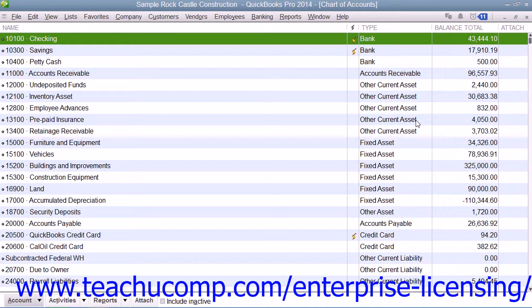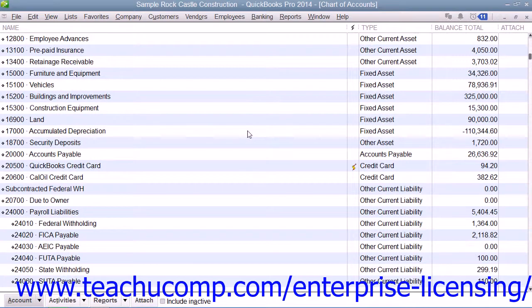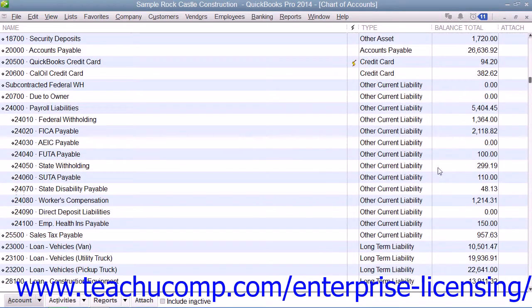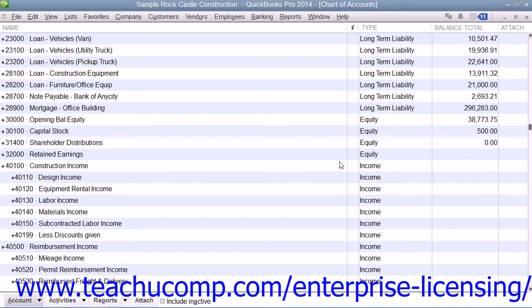Next, let's examine the different general account types found within the chart of accounts and how they are organized. The chart of accounts has a default sorting method. Assets are shown at the top, followed by liabilities, and then equity. These accounts are also known collectively as the balance sheet accounts, and they are shown within the balance sheet report for your company.